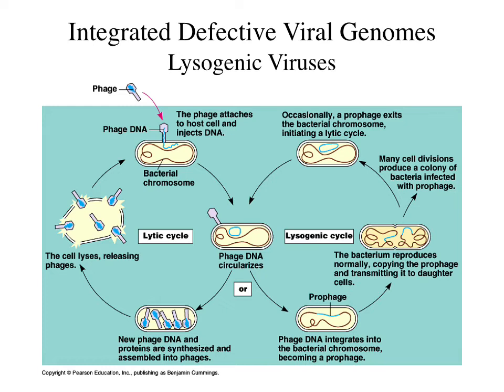Such a virus particle is called a transducing phage because when it infects a bacterial cell, it can transmit the gene captured by the phage DNA into the next bacterial cell it infects. Transduction by bacteriophages is an efficient method for transferring the genetic information of one bacterial cell to another.